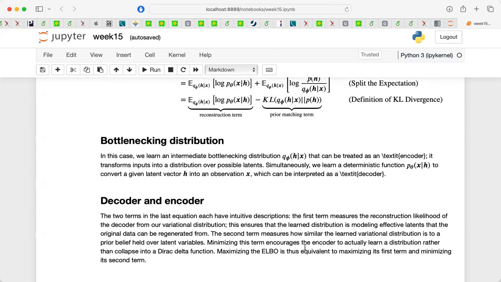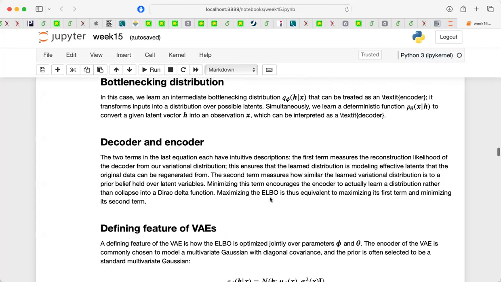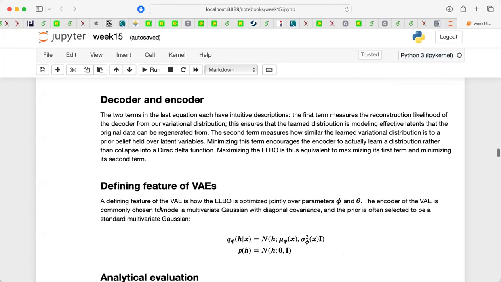And minimizing this term encourages the encoder to actually learn a distribution rather than collapse into a Dirac delta function, which is what would happen if you didn't train here. So maximizing this ELBO, as we discussed, is equivalent to maximizing its first term and minimizing its second term.